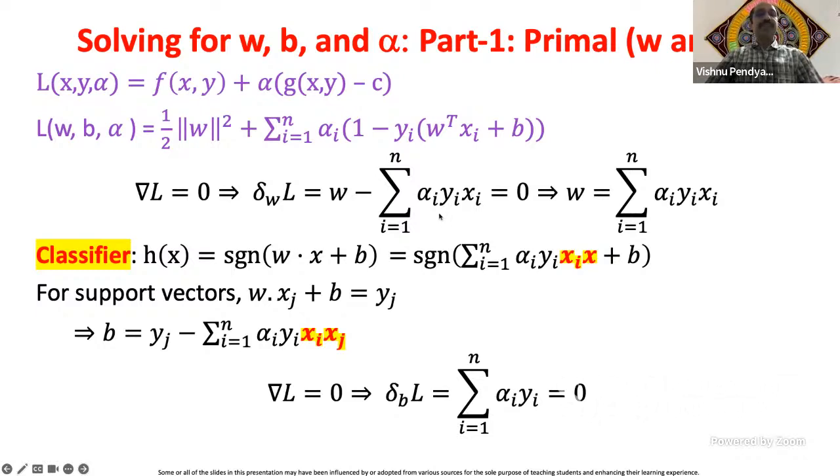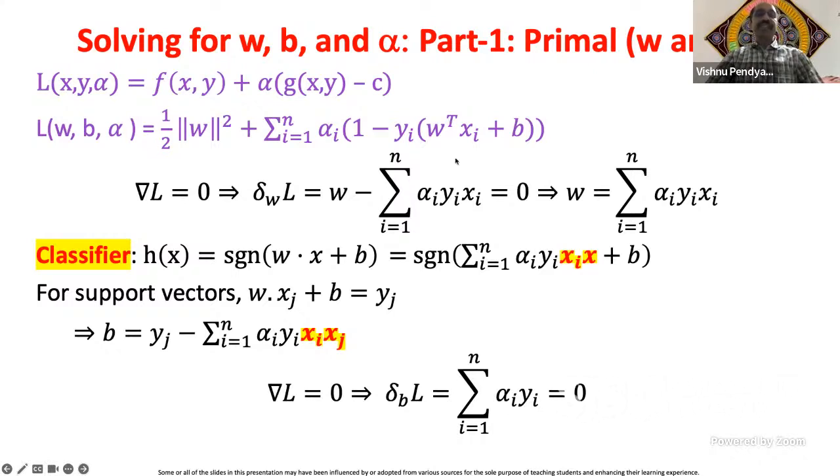alpha i times yi times w transpose times xi. With respect to w, it will be alpha i times yi times xi. This can be considered as the coefficient of w.